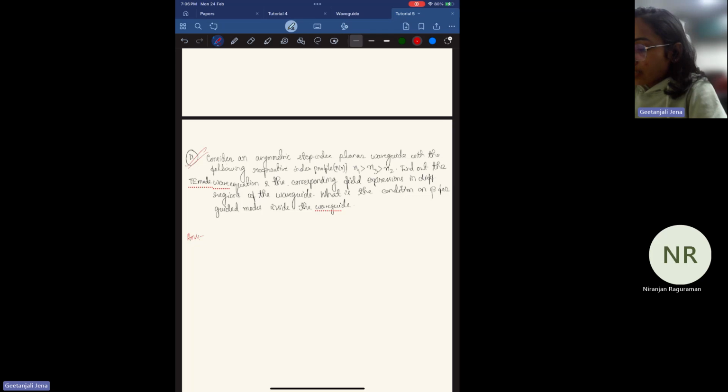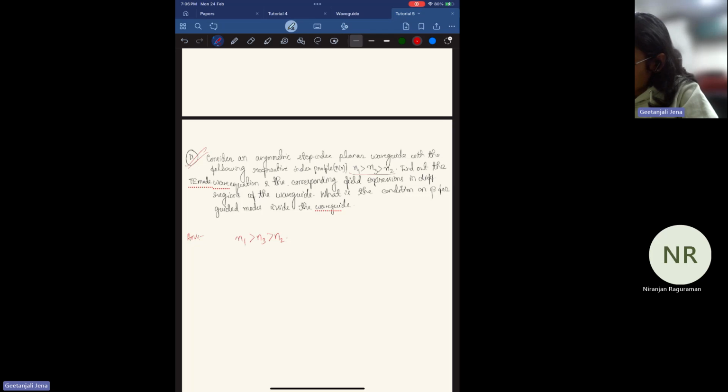So consider an asymmetric step index planar waveguide with the following refractive index profile. So N1 is greater than N3, greater than N2. Find out the TE mode wave equation and the corresponding field expression in different regions of the waveguide. And what is the condition on beta for the guided mode inside the waveguide.